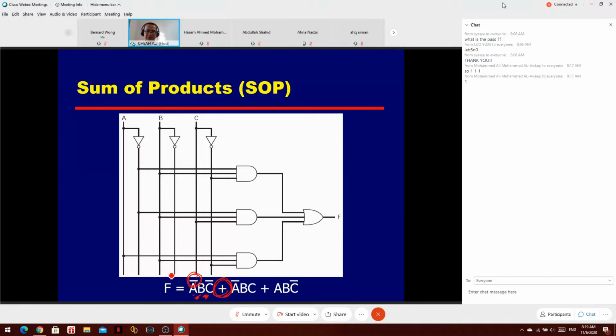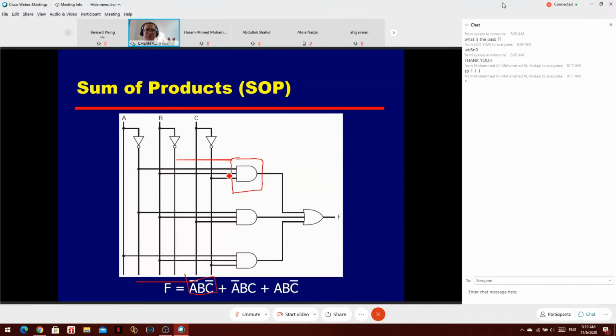Now let's look at the first term. I hope it's self-explanatory, but I just want to be sure that you all get it. Look at the first term, not A, B, not C. That will go into this AND gate, which receives 3 inputs because in each term there are 3 variables.